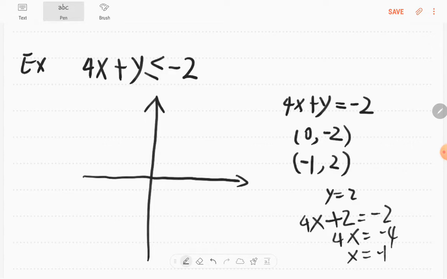So negative 1 is another point. It's not necessary to be the x-intercept and y-intercept. You can just pick arbitrary 2 points. It's convenient for us because these 2 points have integer coordinates, right?